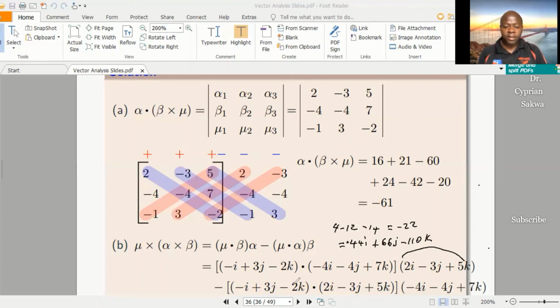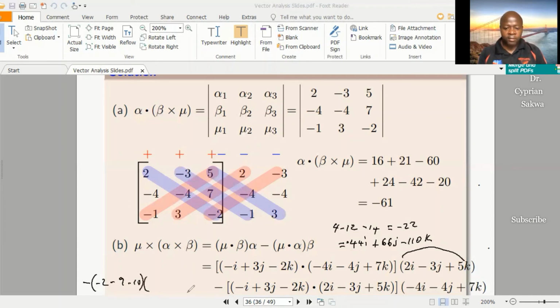Then I come to this other vector. Find the dot product again. There's negative 1 times 2, which gives you negative 2. 3 and negative 3 gives you negative 9. Negative 2 and positive 5 gives us negative 10.